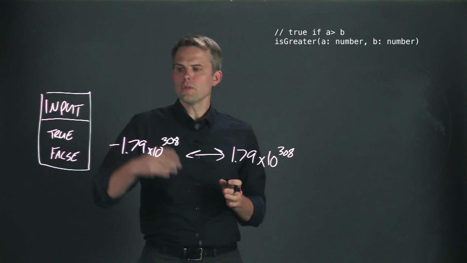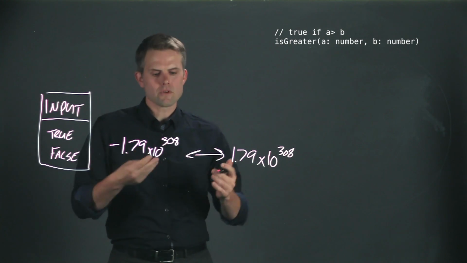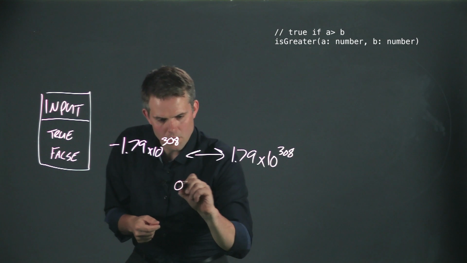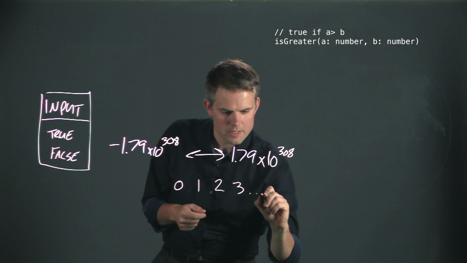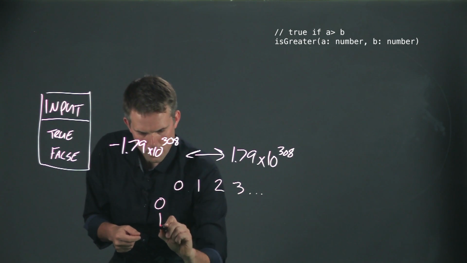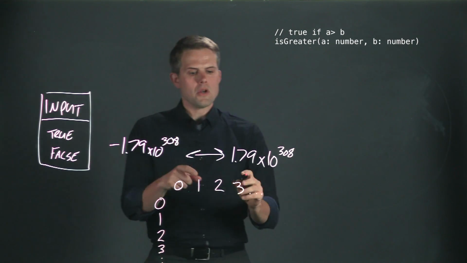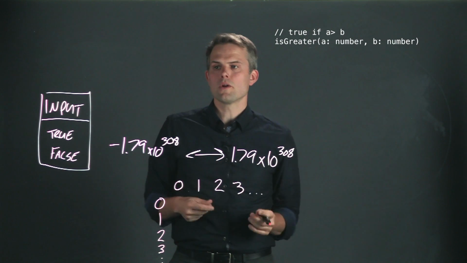So if we try to build this exact same table for this function, it's going to grow out of control really quickly, because we're going to see something that looks like this: 0, 1, 2, 3, dot, dot, dot. And on this side of the axis, we'll have 0, 1, 2, 3, dot, dot, dot. But note that these dots go all the way out to 1.79 times 10 to the 308th power.